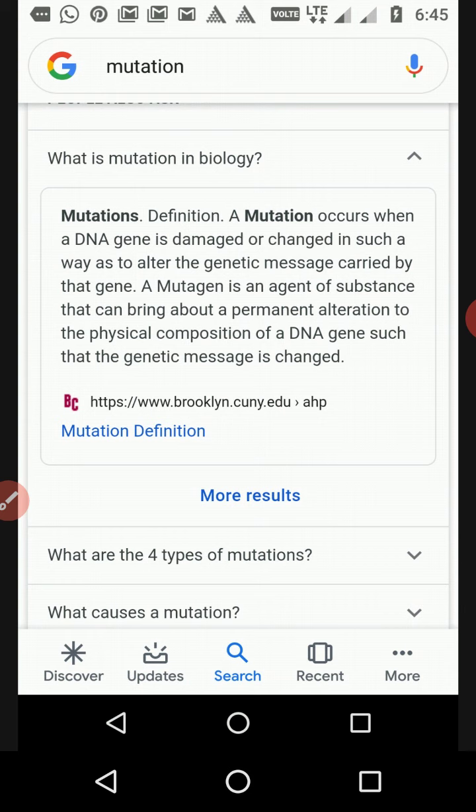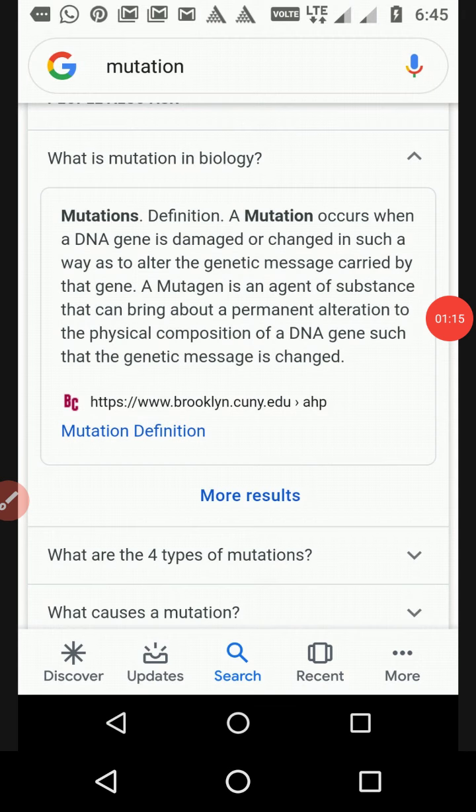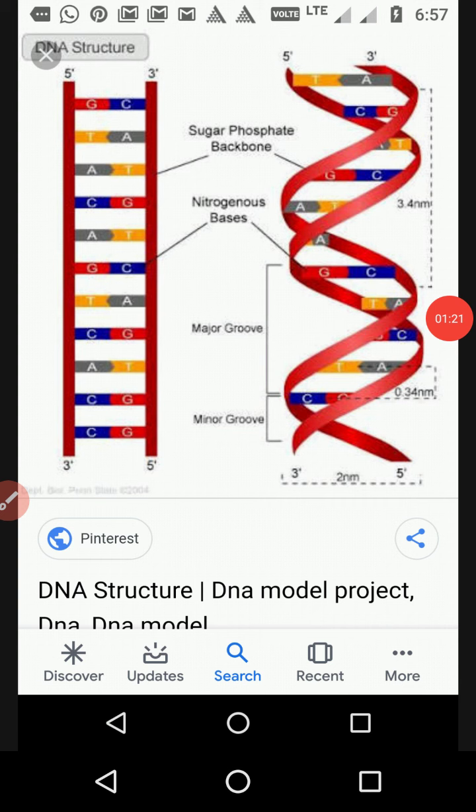In male and female we have DNA structure to prepare the reproductive cell. Now everybody can see the structure of DNA. This is a ladder-like structure, and in between, the ladder is made up of nitrogenous bases.